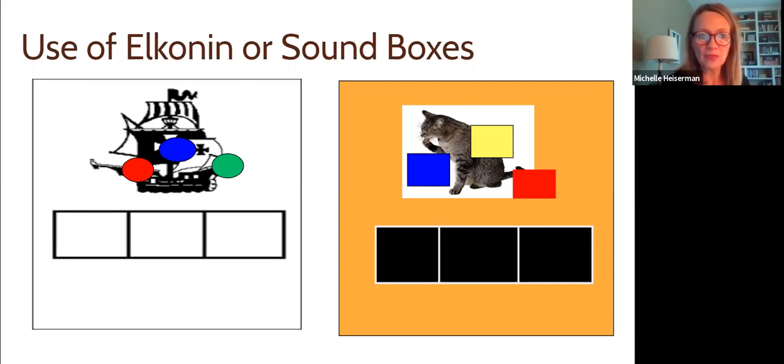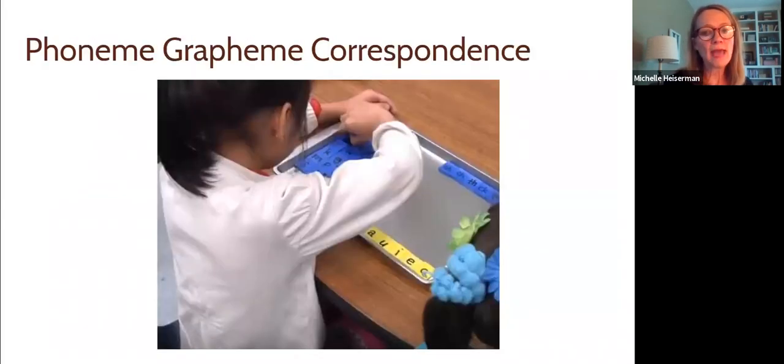When you think about that with a layer of multisensory awareness, what you're actually doing is activating the visual, auditory, and tactile modalities. When we add actual graphemes to that instruction, and now students are linking letters to the sounds that they represent, again, we are activating visual, auditory, and tactile modalities.